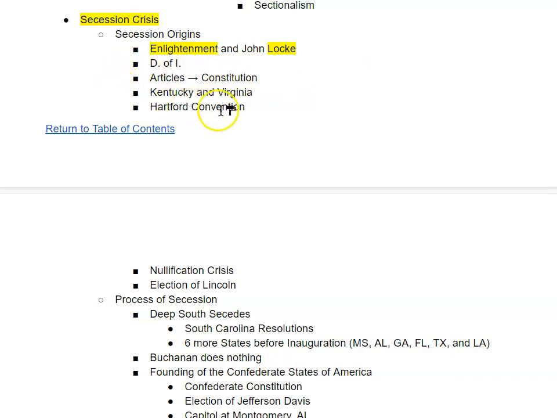Among our first presidents, when John Adams had the Alien and Sedition Acts, you had Jefferson and Madison write the Kentucky and Virginia resolutions about standing up to federal power.